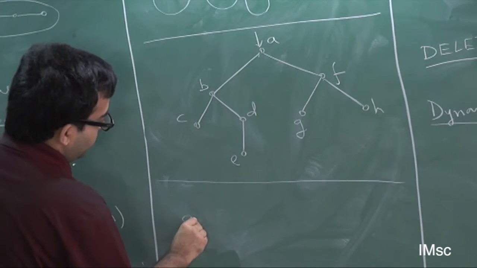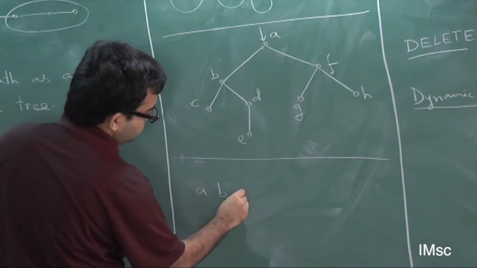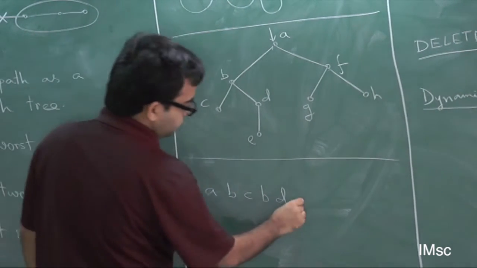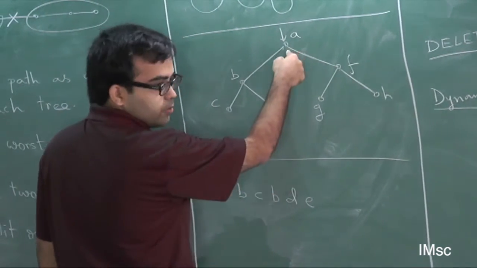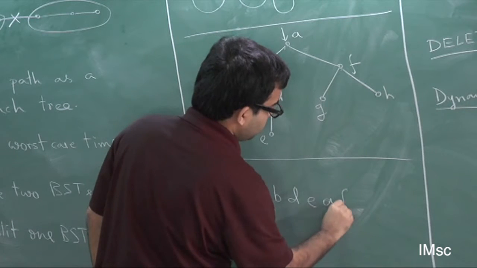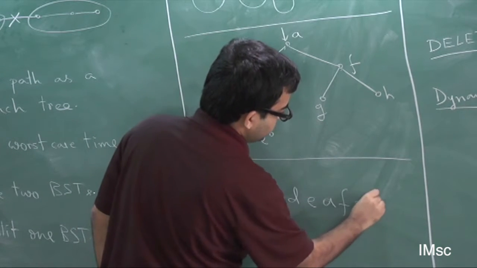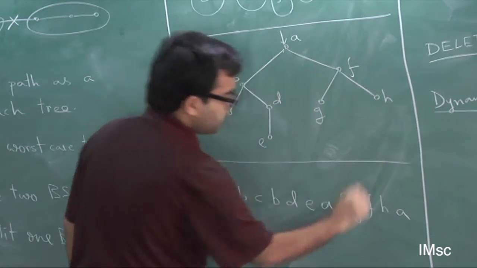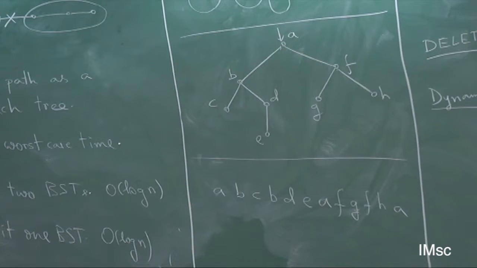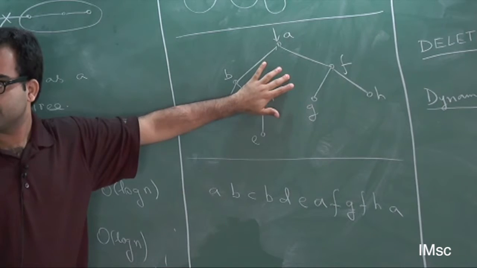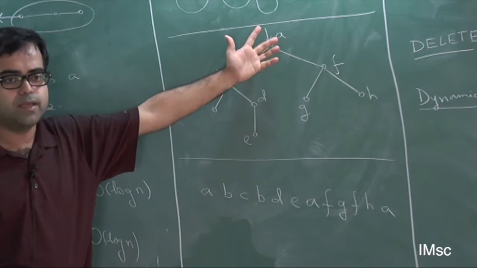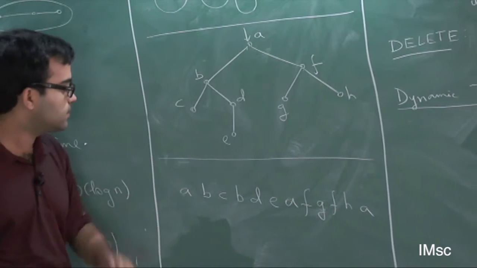First you go to A, then B, then C, then again you come back to B, then D, E, then again you go back to A, come down here, this is F, G, F, H, A. This need not be binary. And the tree need not be rooted, but to construct the Euler tour you just arbitrarily take any one node as a root and then come up with this list.